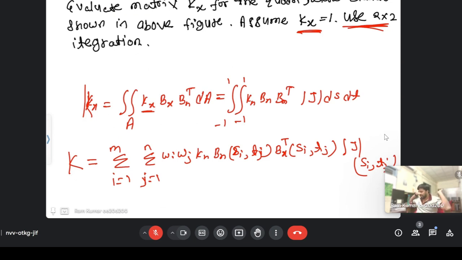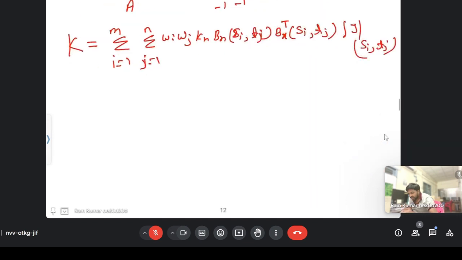Something you have to write, then you will get it. This is up to you. How I wrote this question, you have to understand, and tell me in the next class how we are going to get this equation.